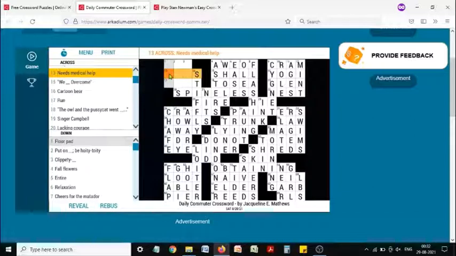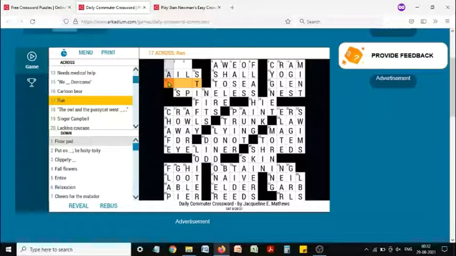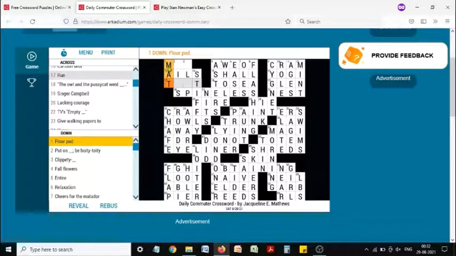13 across, needs medical help. So when someone is sick, you say someone is ailing. It's AILS. 17 across, run. 1 down, floor pad is a mat, a floor mat.